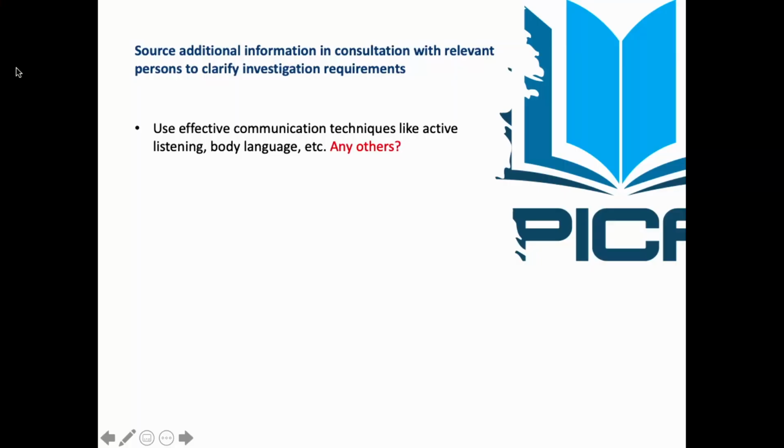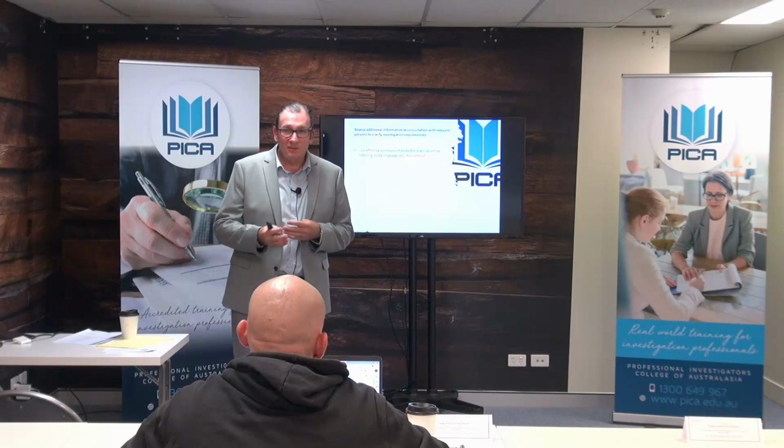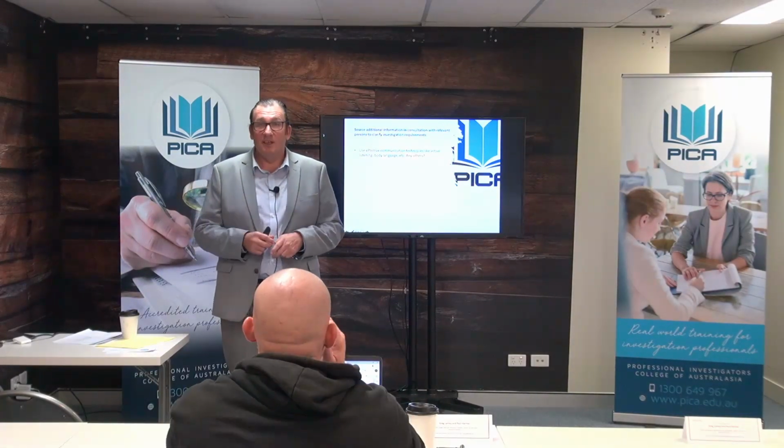Okay, other information in consultation with relevant persons to clarify investigation requirements. So when you're talking with clients, and this goes back to one of those core traits we talked about yesterday, right from the start, communication. Very important that if this is a weakness for you as an investigator, it's something you need to improve.